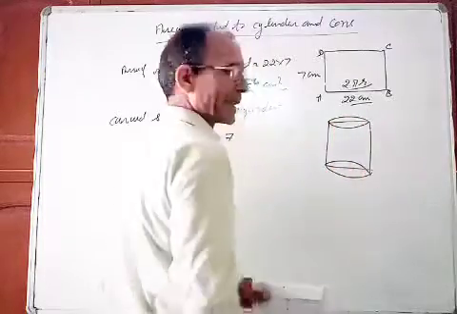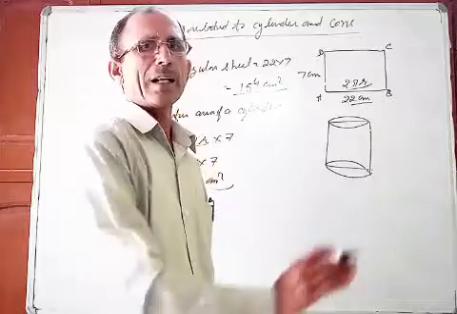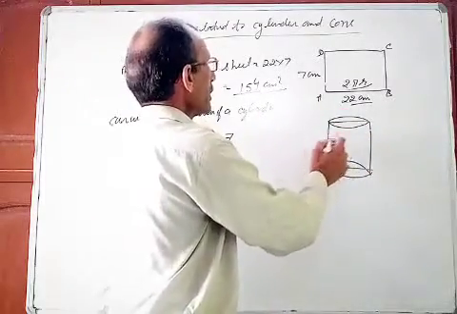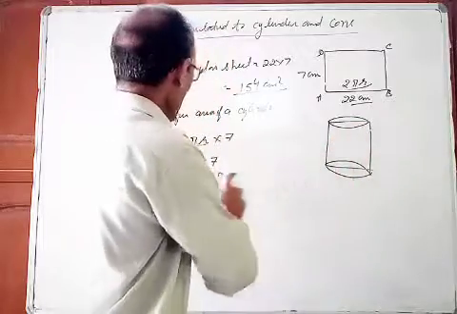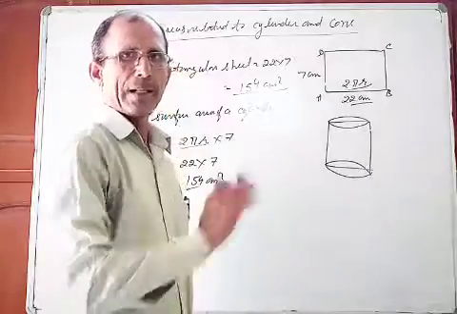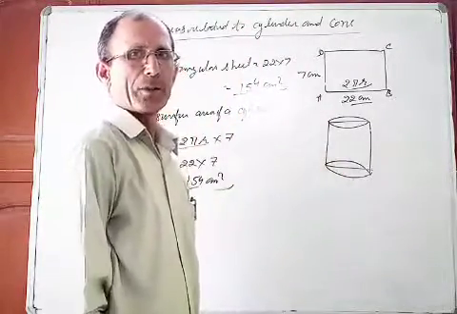This is the shape of a cylinder. There are three surfaces: two are circular and one is curved. So 1, 2, 3. The lateral surface area excludes the top and base. Base and top are not included.